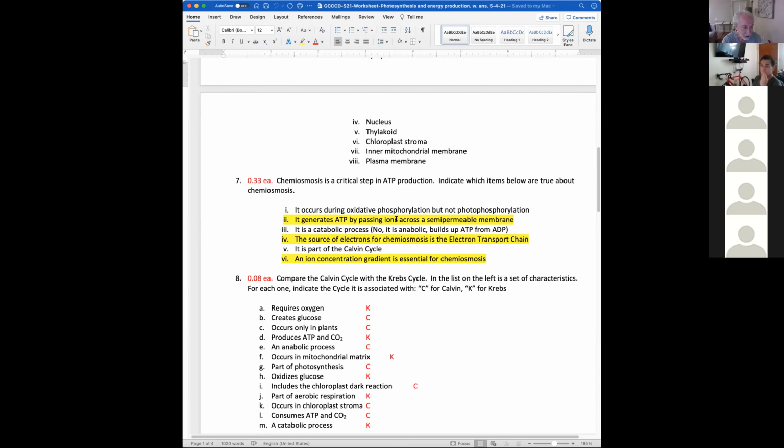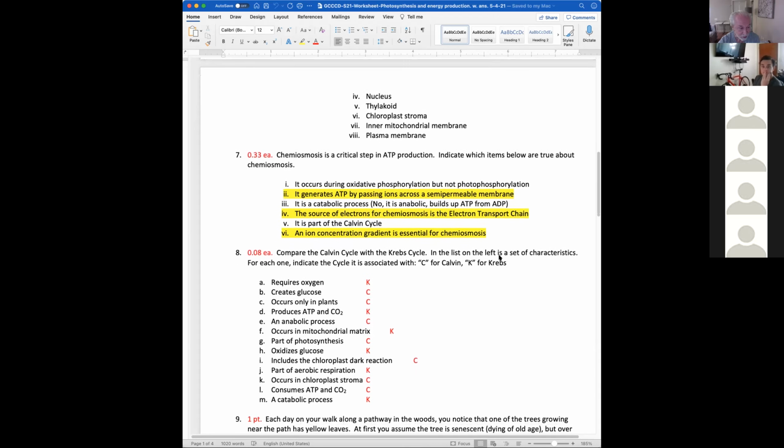It's not a catabolic process. It is the source of electrons for chemiosmosis. We'll talk a lot more about that later. It's part of the Calvin cycle. No, it is not. And an ion gradient is essential for it, and that is true.